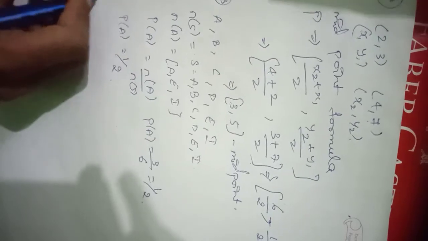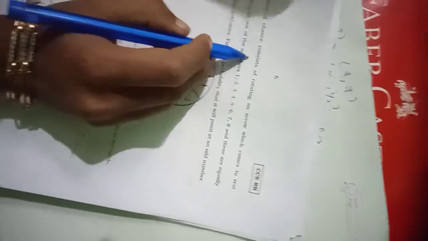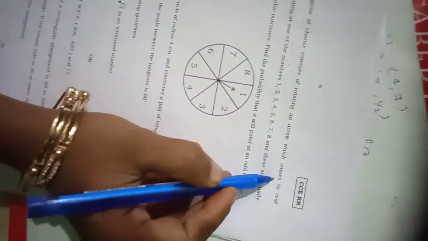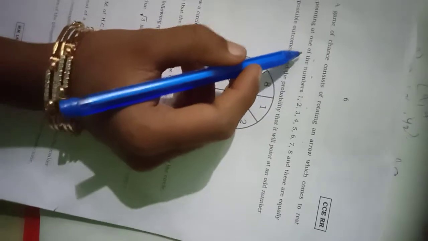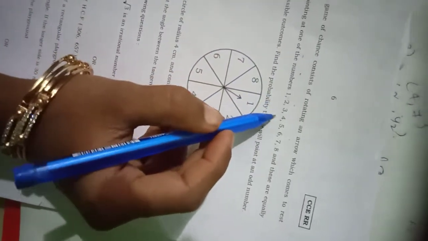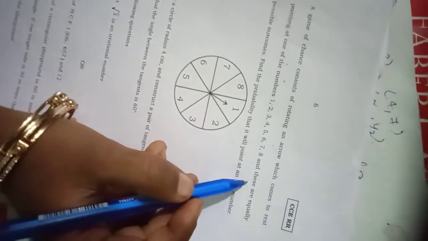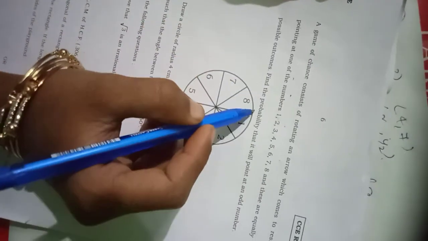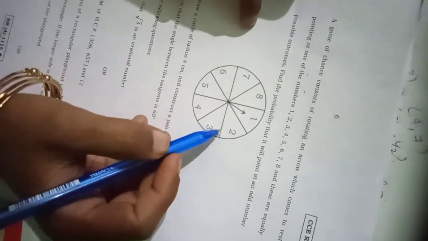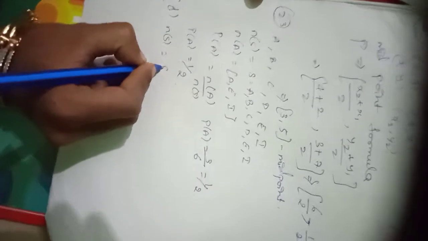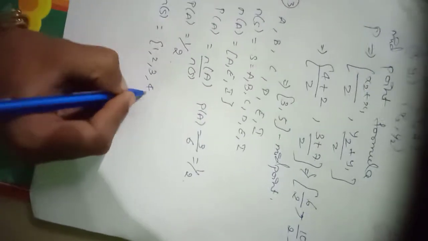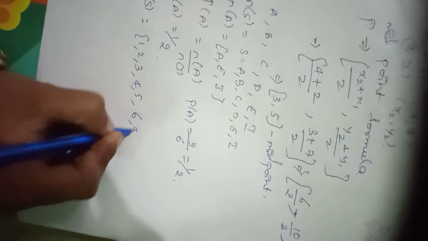We have an OR question for the 23rd. A game of chance consists of rotating an arrow which comes to rest pointing at one of the numbers 1, 2, 3, 4, 5, 6, 7, 8, and these are equally possible outcomes. Find the probability that it will point at an odd number. Here n of S is 1, 2, 3, 4, 5, 6, 7 and 8.